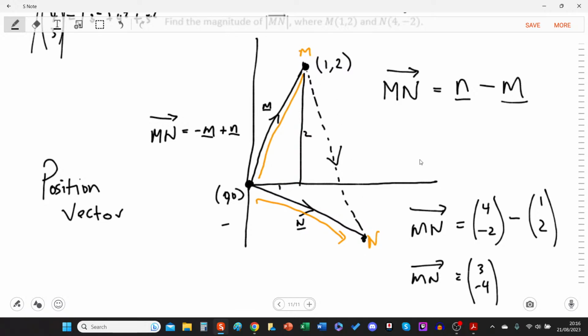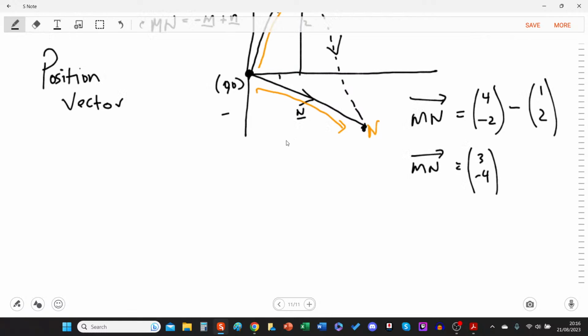Now, the last question is to find the magnitude using the new notation. That's the length, mn. So we could put mn into vertical brackets, and that would be the equivalent of squaring the elements of the vector, which is 3 squared and -4 squared, and then square rooting them.